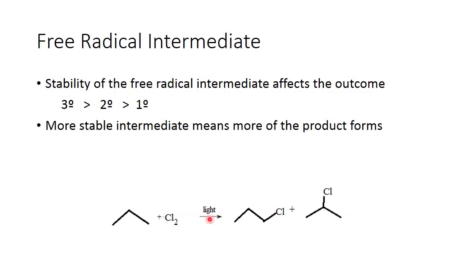So the intermediate with the free radical here on the second carbon, the secondary free radical, is more stable. And so this chlorine substituted here comes from an intermediate that hangs around a little bit longer and is easier to form than the primary free radical.